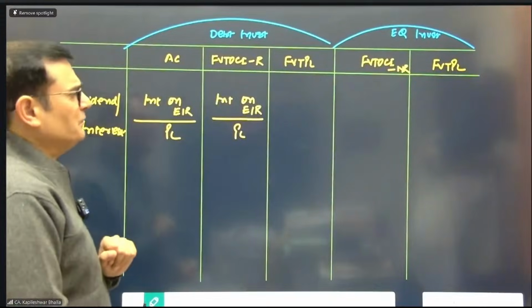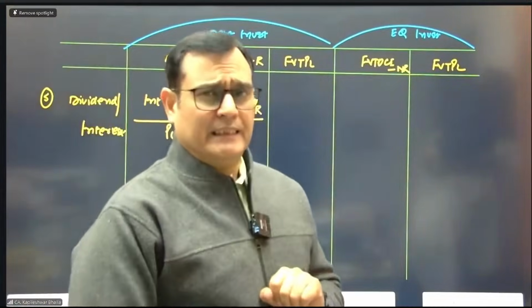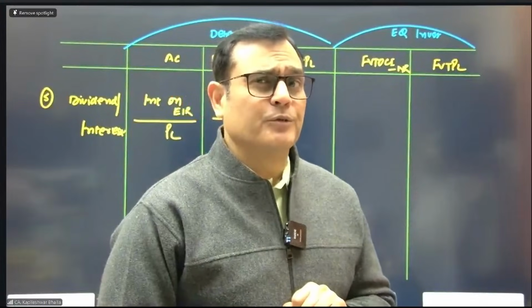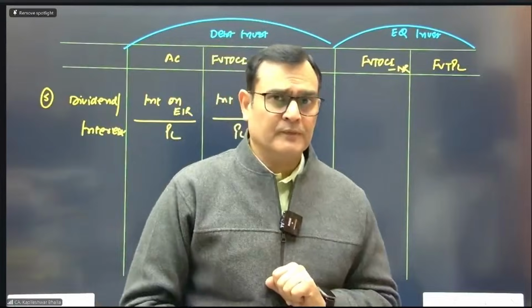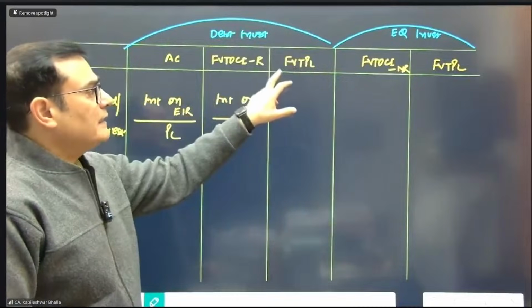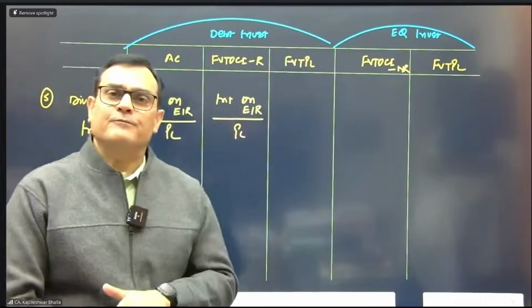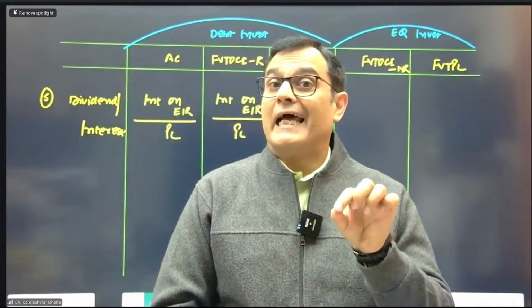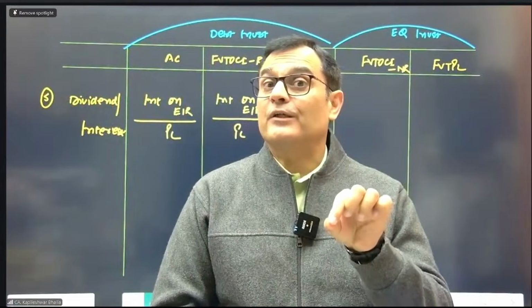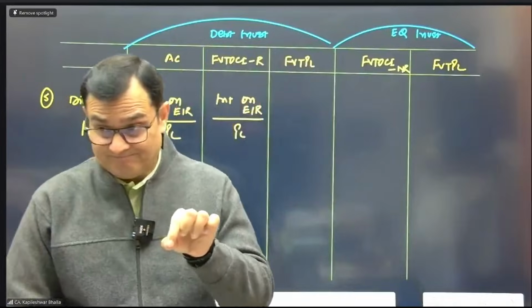What about FVTPL? Are you going to take the interest on EIR, or are you going to take the actual interest in the P&L? If you've got a debt investment categorized as FVTPL, EIR does not apply.